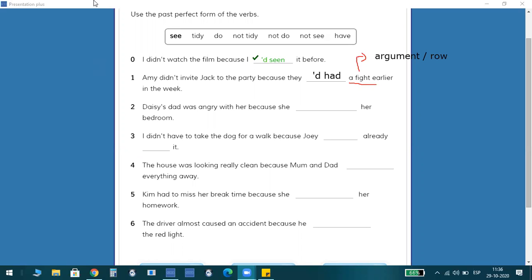What? She hadn't tidy? Okay, she hadn't. Tidy, because it's a regular verb. She hadn't tidied. Okay, regular verbs, ed. Good. Let's continue now.